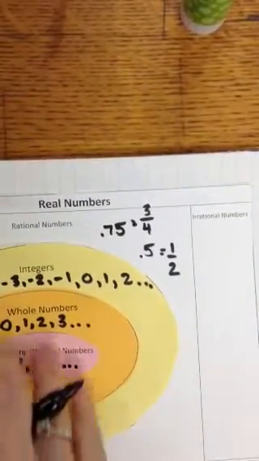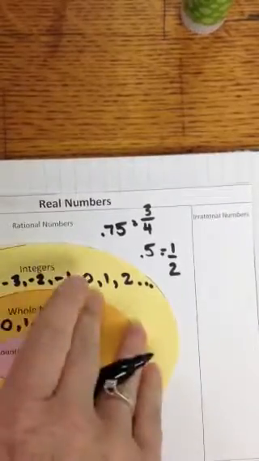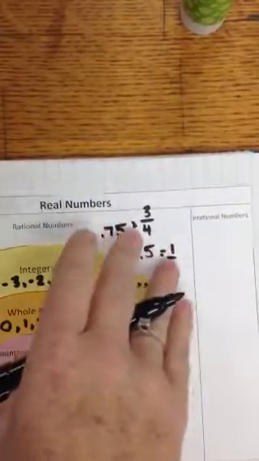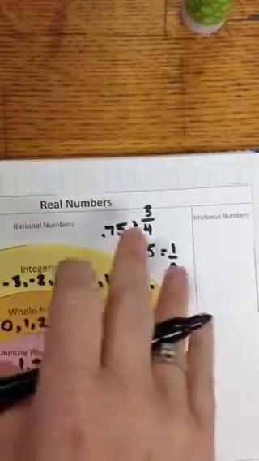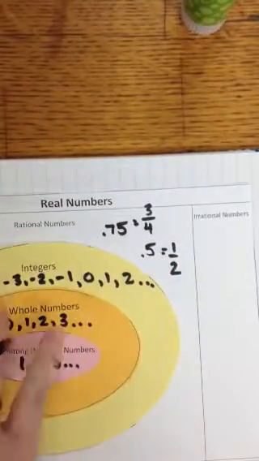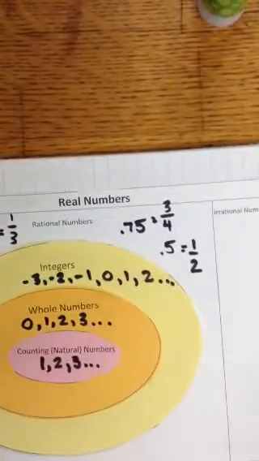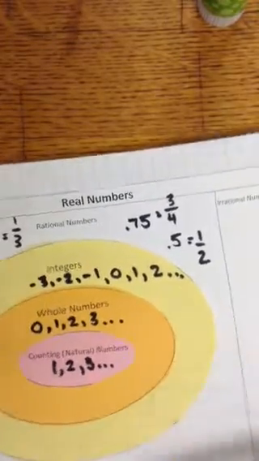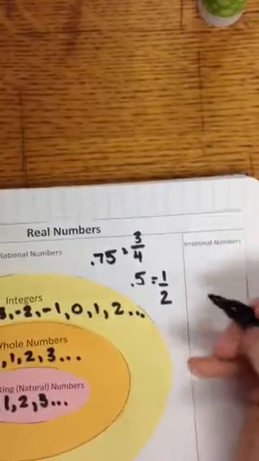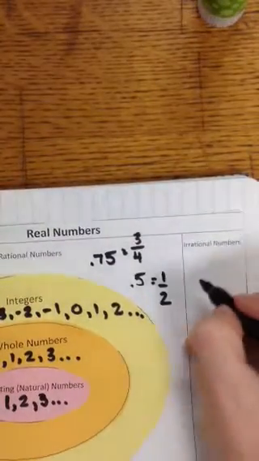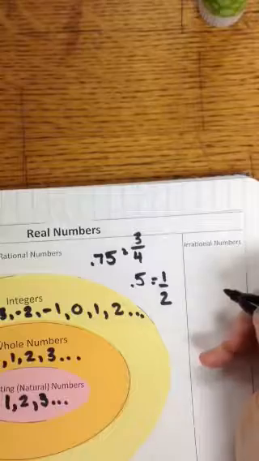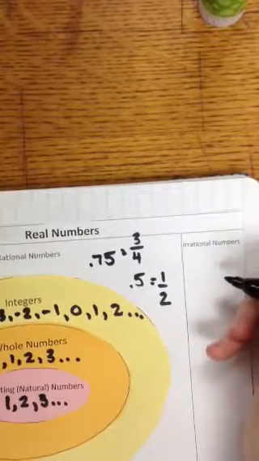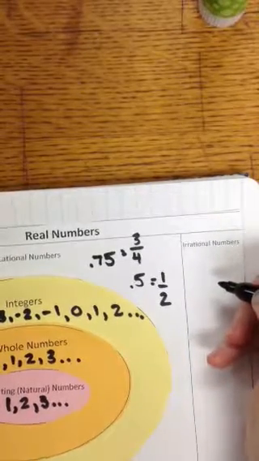So my natural counting numbers, the number 0, positive and negative numbers, fractions, or decimals that terminate or decimals that repeat. So you might be thinking, what other number is there? Well, we're going to have numbers that whenever they're written as decimals, they never repeat a pattern and they never end. Can you think of one?